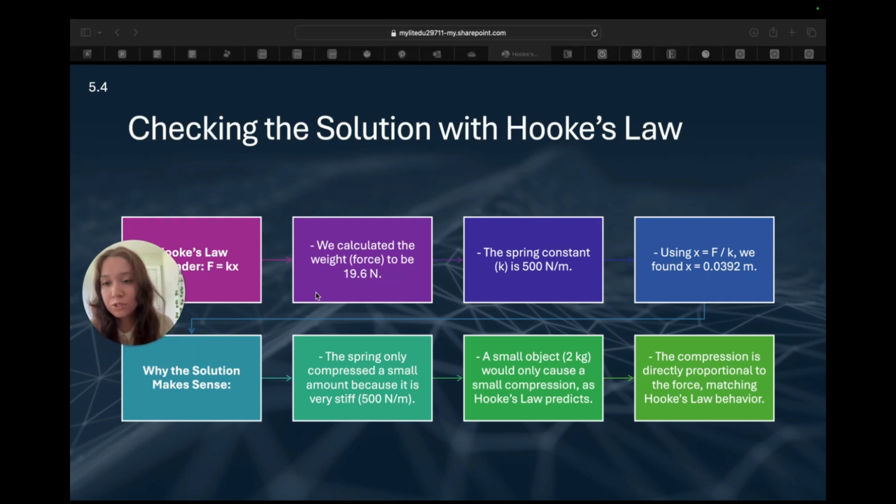And why the solution makes sense: the spring only compressed a small amount because it is very stiff. It's 500 newtons per meter. A small object, like 2 kilograms, would only cause a small compression, as Hooke's law predicts, and the compression is directly proportional to the force, matching Hooke's law behavior.